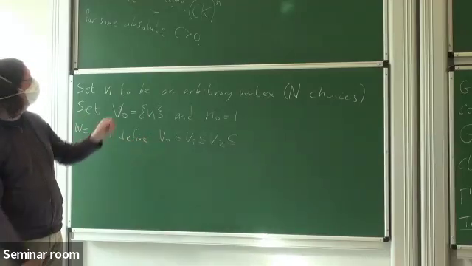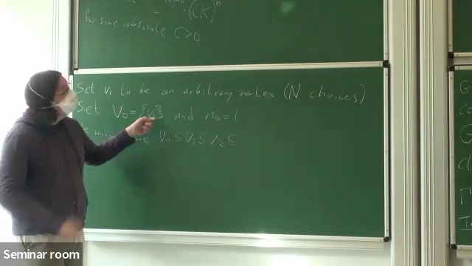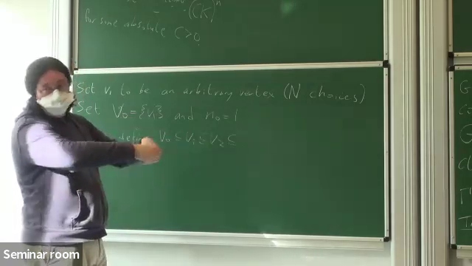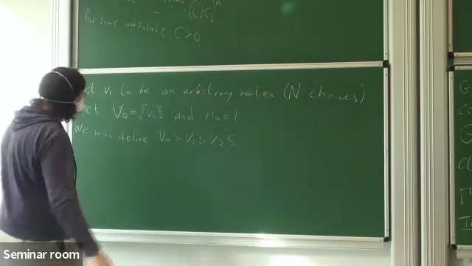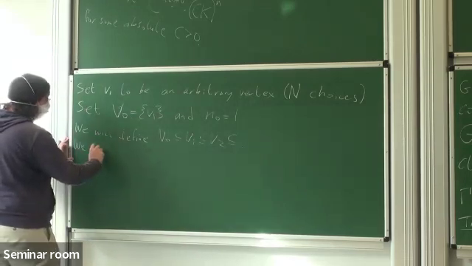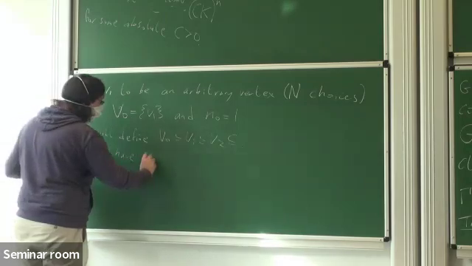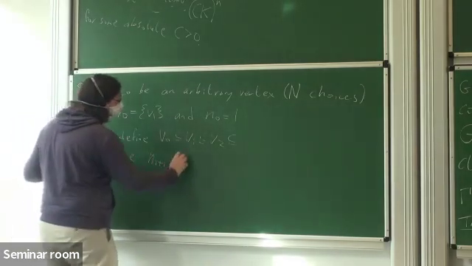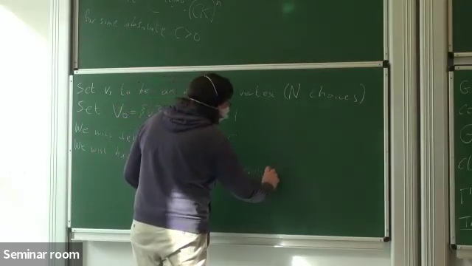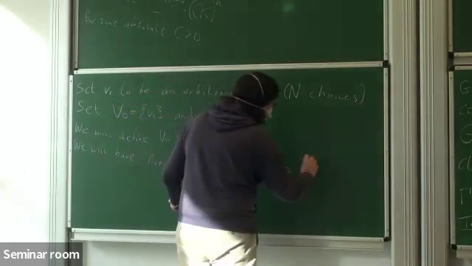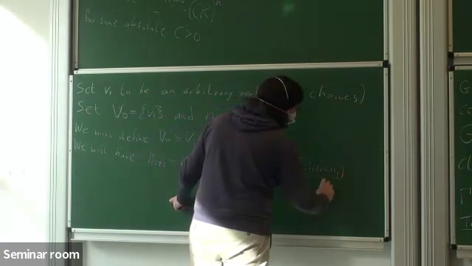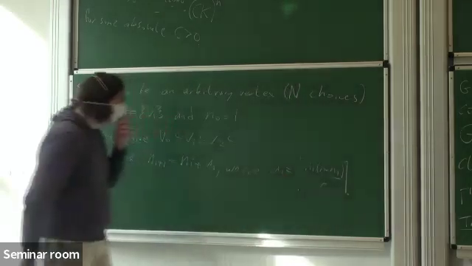Like V1 could be the 9th index and the 12th index, and it will be mapped to some specific vertex within my overarching set. And we will have n_{i+1} equal to n_i plus u_i, where this u_i is the ceiling of n_i times (N minus n_i) over R. You'll see where all this comes from in a minute.